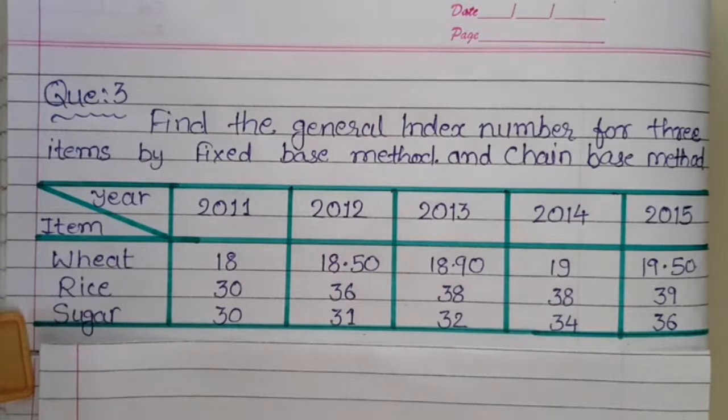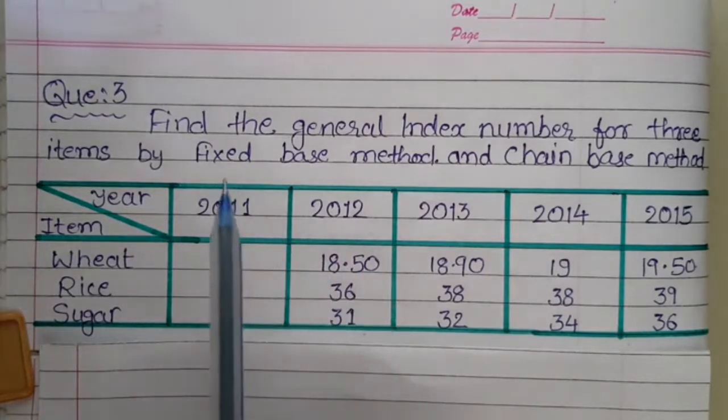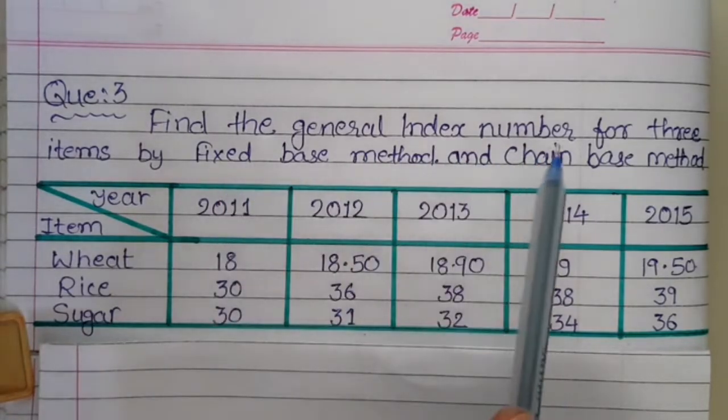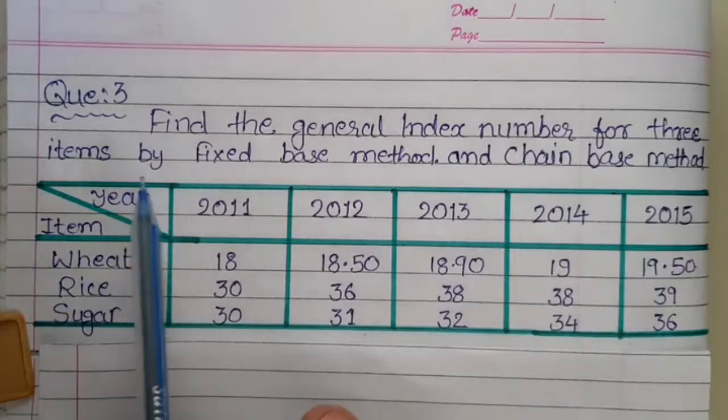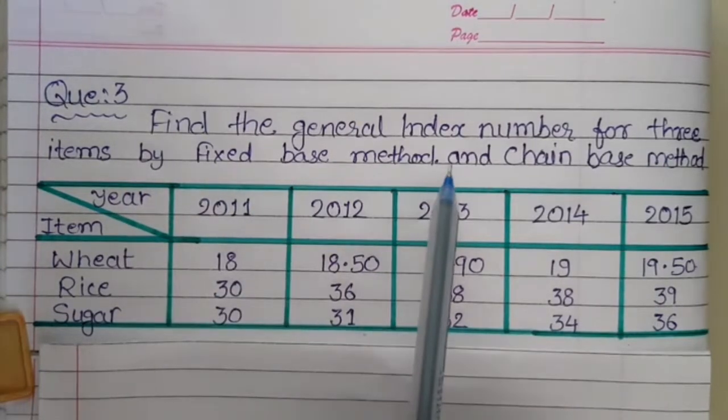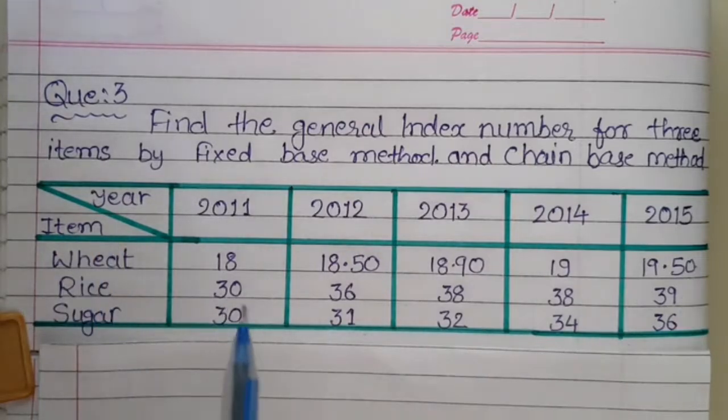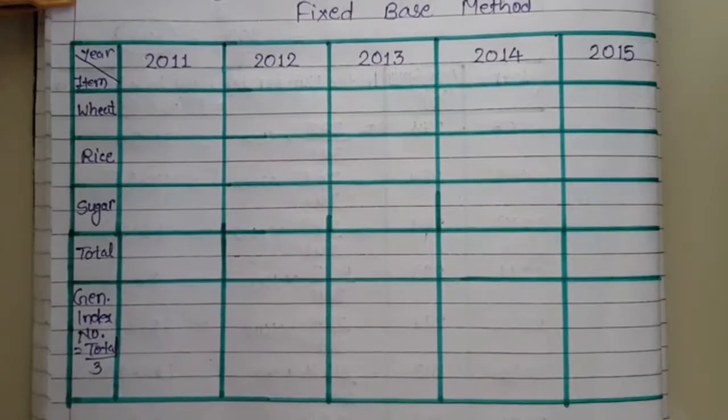In the question number 3, you can see, find the general index number for 3 items by fixed base method and chain base method. So here the data will be same. We will solve the same sum by 2 methods, fixed base and chain base, and we will find the general index number. For that we have to prepare the same table in the following manner.